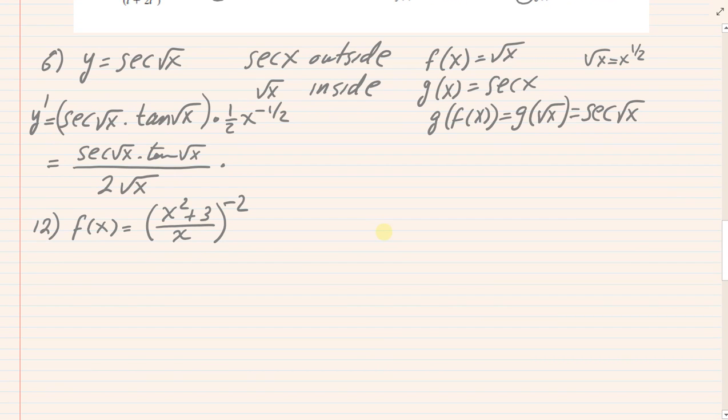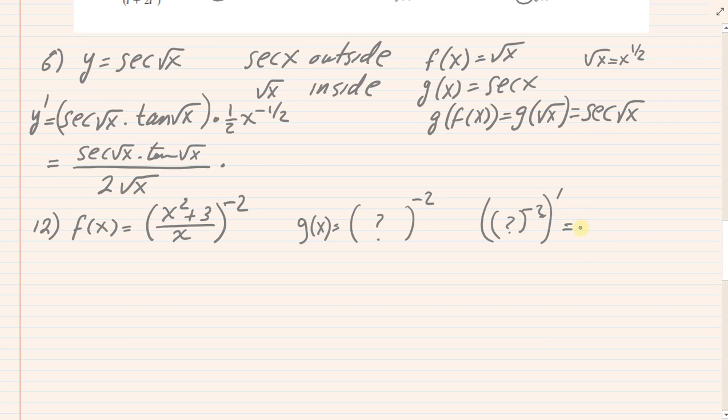Now for the outside function, again, the way I envision this function is this. I have something in here to the negative 2. So that's going to be my outside function. So I tend not to look at what's inside parentheses. Okay, so this is going to be my g of x. So my main function is that function raised to a negative 2. So if I take the derivative of something to a negative 2, what's the derivative of that going to be?